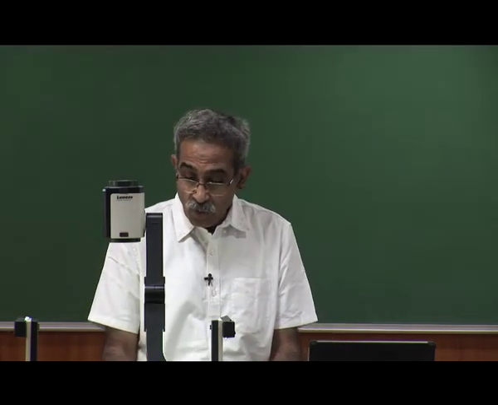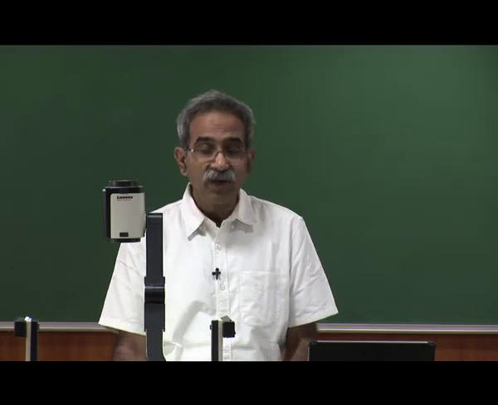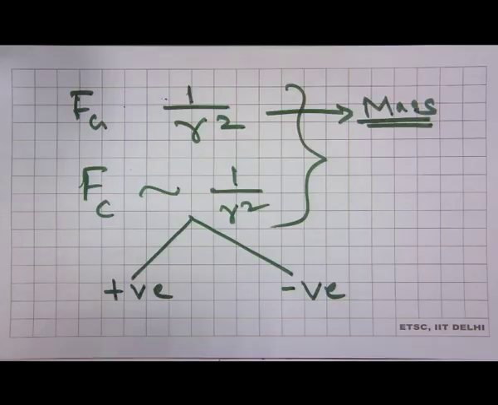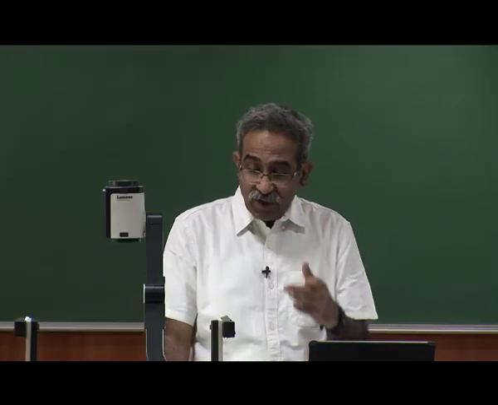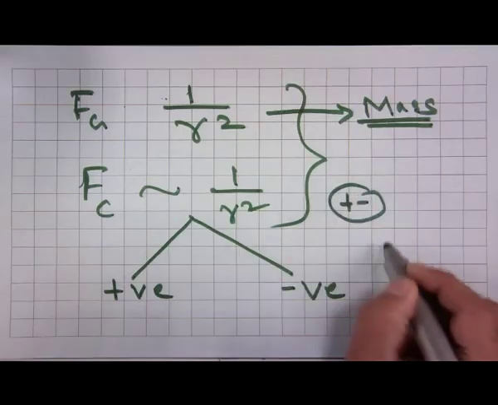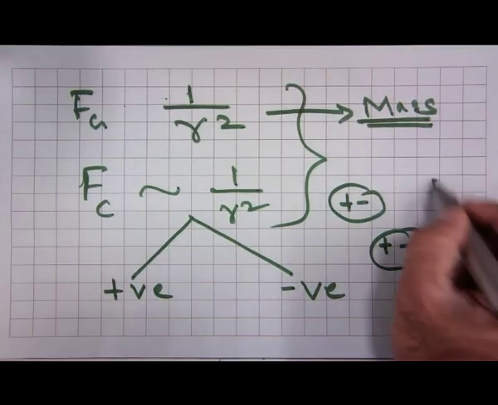So because there are two kinds of charges, if I bring a system of positive charges and negative charges, then what will happen? The system will try to get into a state, in fact it will get into a state, where positive charges and negative charges combine to form neutral objects.